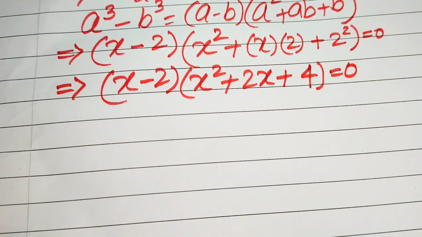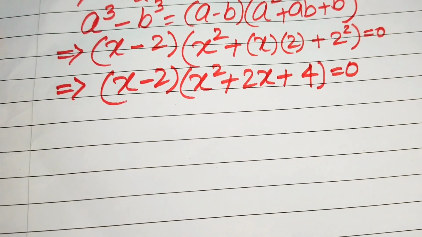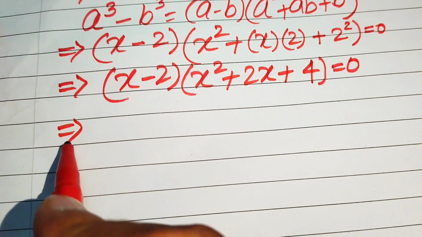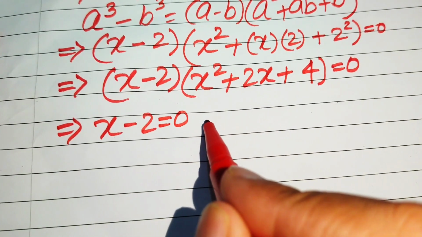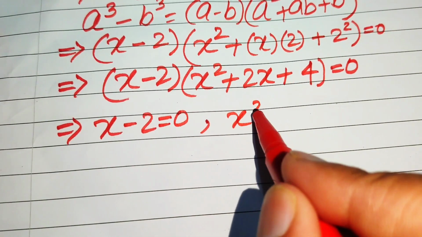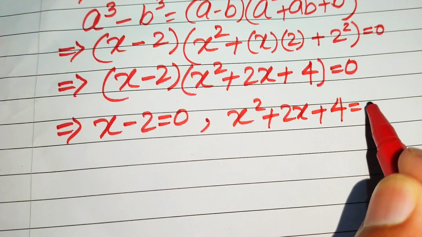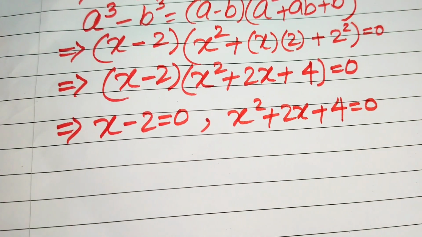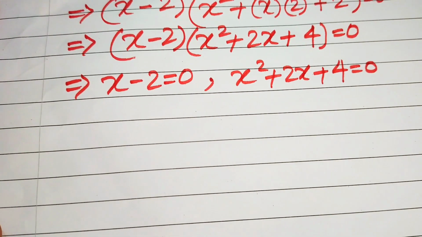After that we have two possibilities: we take the first factor equal to 0, x − 2 = 0, or we take the second factor equal to 0, x² + 2x + 4 = 0. Now we find the value of x from these two cases.